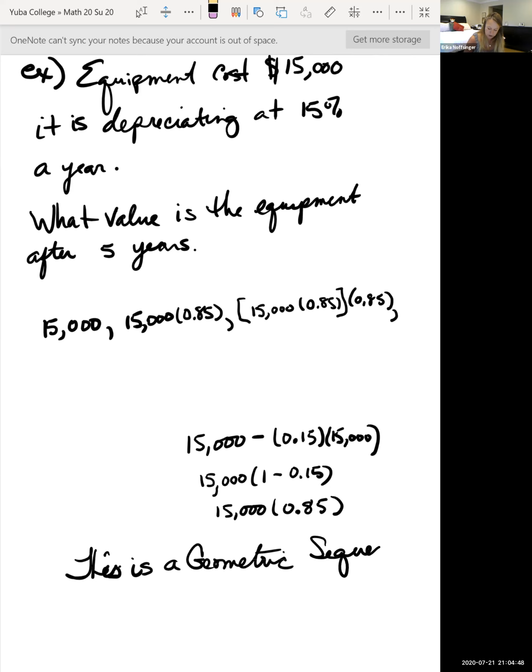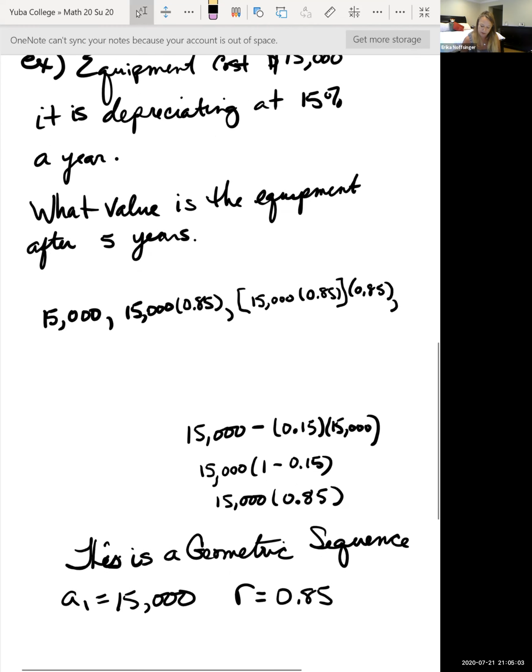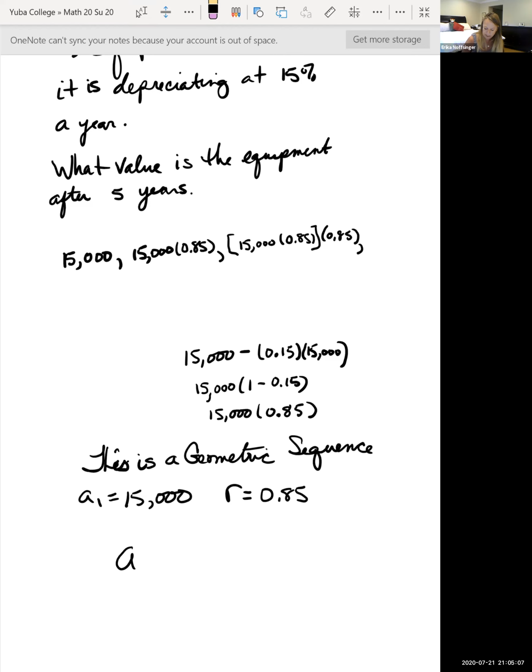Our first term of that geometric sequence is $15,000. Our r value of this sequence is 0.85. We could write this as a sub n is equal to the first term, 15,000, times r, which is 0.85, raised to the n minus 1 power.